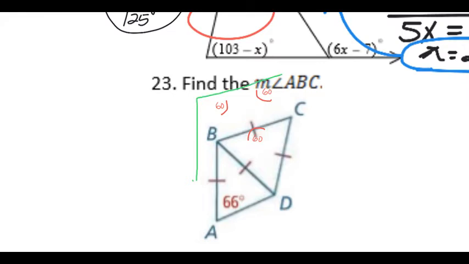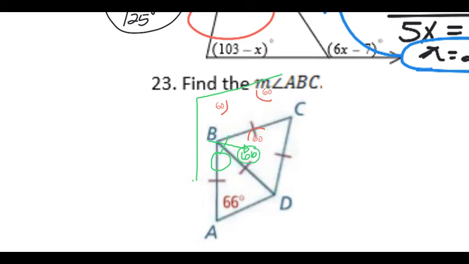In triangle ABD, we have an isosceles triangle, and we now know that angle 66 is across from one of the congruent sides. The other congruent side is across from angle D, so we also know that this is also 66.